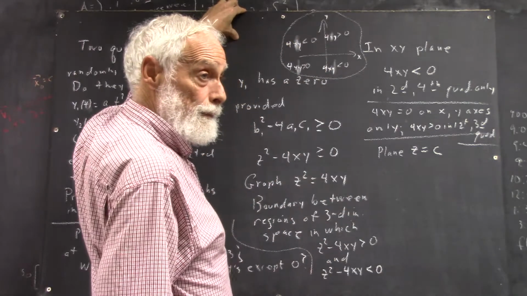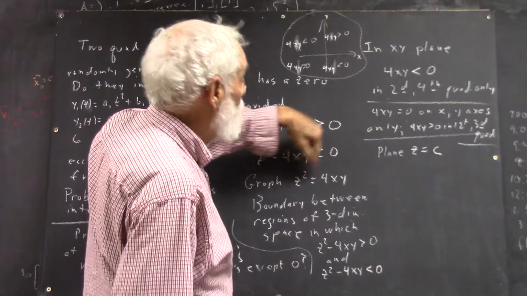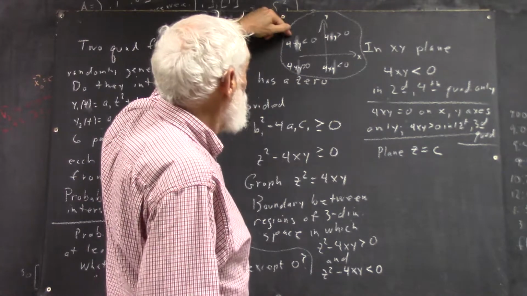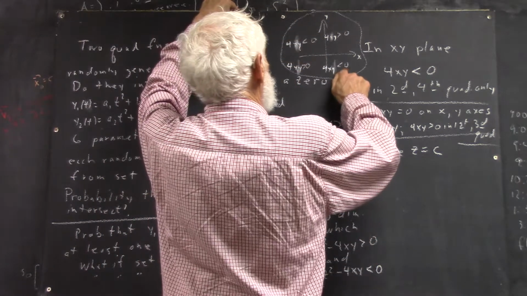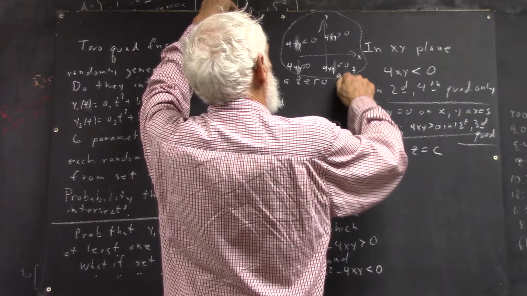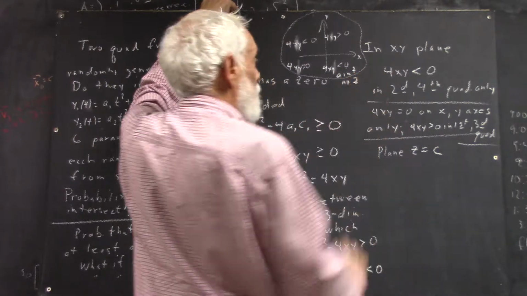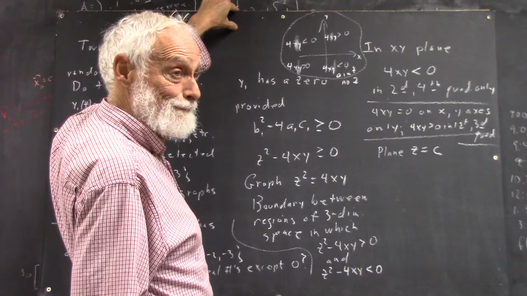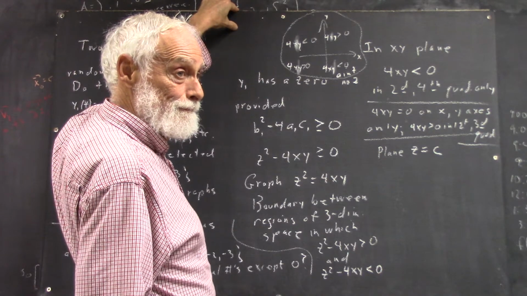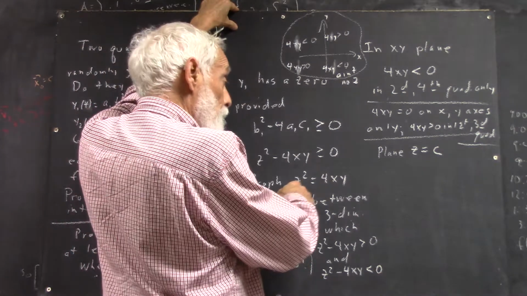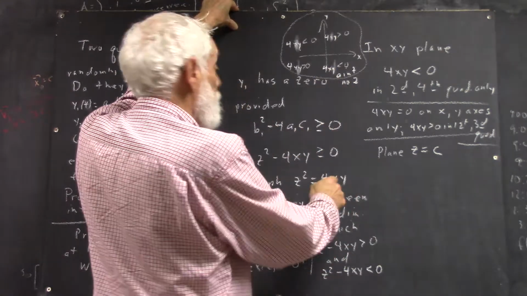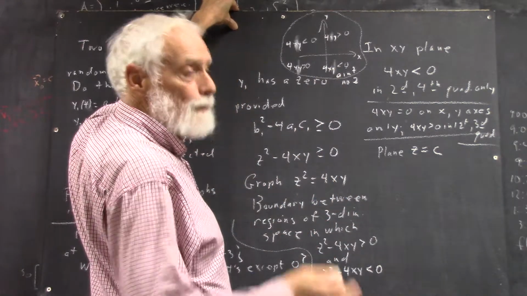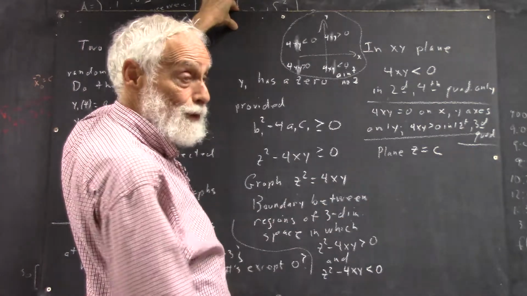Okay? And it's Z squared equals 4XY, so if 4XY is less than 0, ain't no Z, right? Because Z squared has to equal 4XY. 4XY is negative. Z squared can't be negative. Yeah, right now we're in real space.